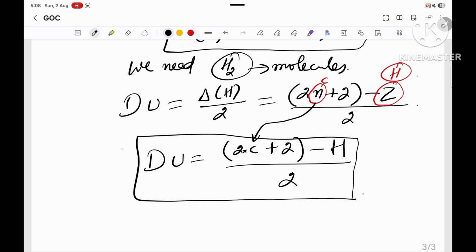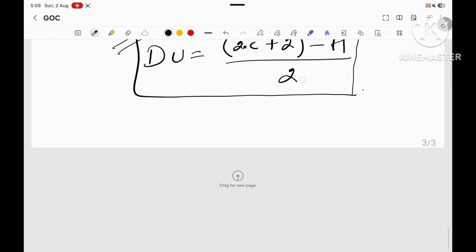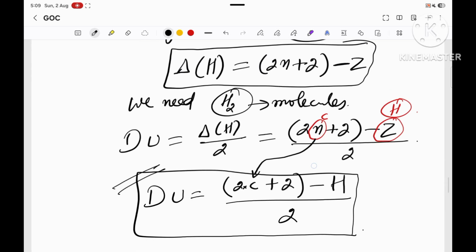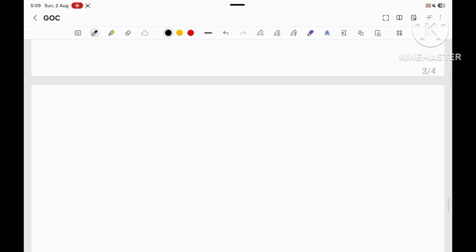This is the general formula for calculating du. It was the general formula for calculating du if the formula is given, but it has different parts.